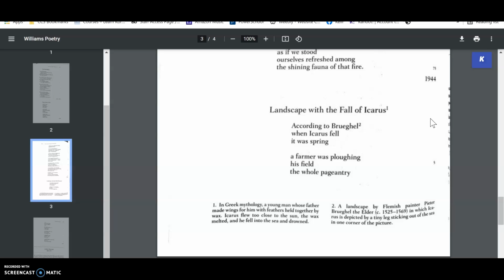Icarus says that he'll do it. He's going to follow his father, not deviate from the course. Daedalus launches himself off a cliff and starts flying. As they're flying along, they're passing over all these people on the ground going about their daily lives. Daedalus stays mid-range, but Icarus is like, "I'm really loving this flying thing," and he starts deviating from the course. He's flying down low and flying up high.